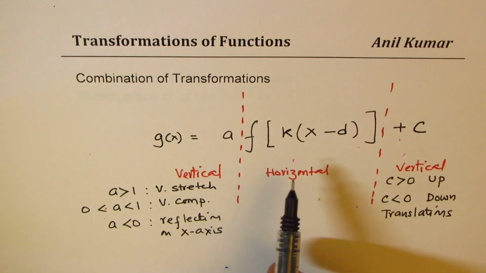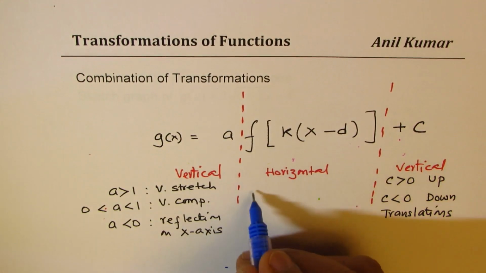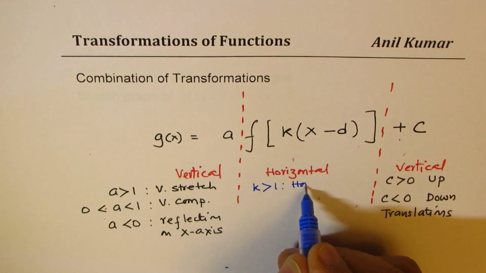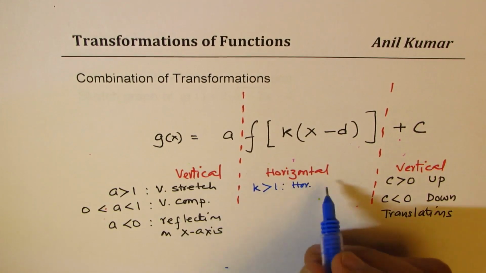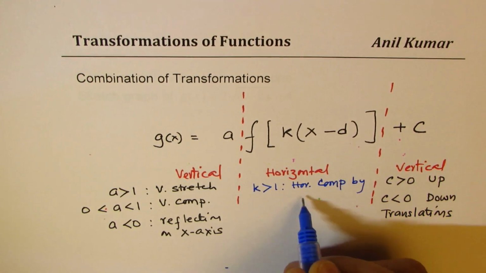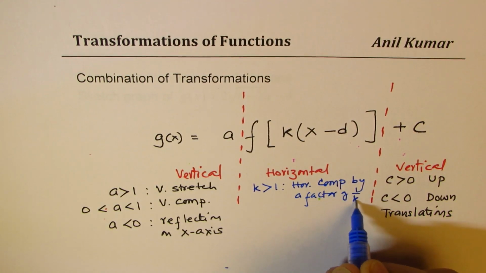Correct? Now here let's look into k. Horizontally, if k is greater than 1, it is compression, kind of reverse, right? By a factor of 1 over k.